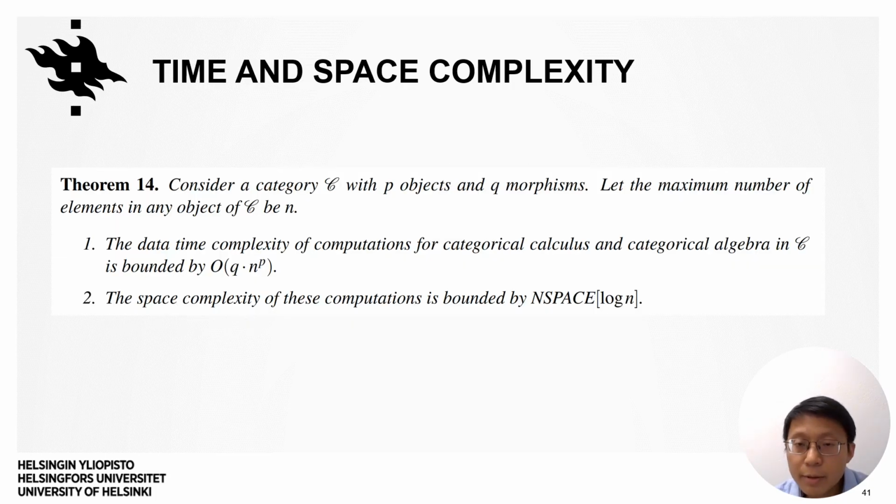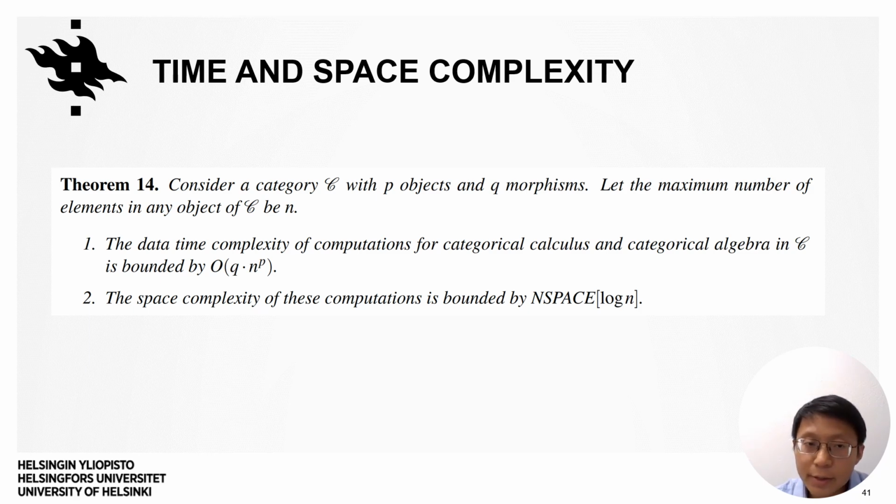For the time and space complexity of the category calculus and algebra, we have the following results. Consider a category C with P objects and Q morphisms. Let the maximum number of elements in any object of C be n.